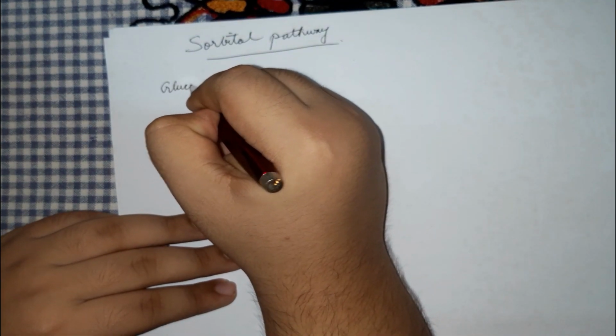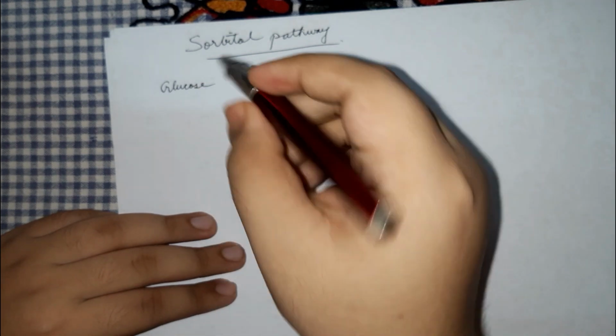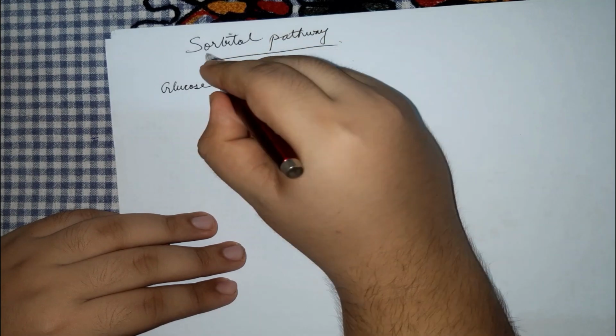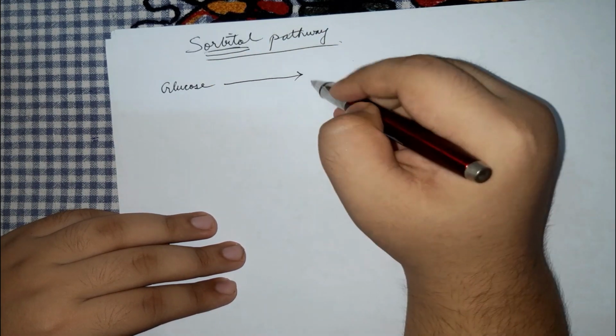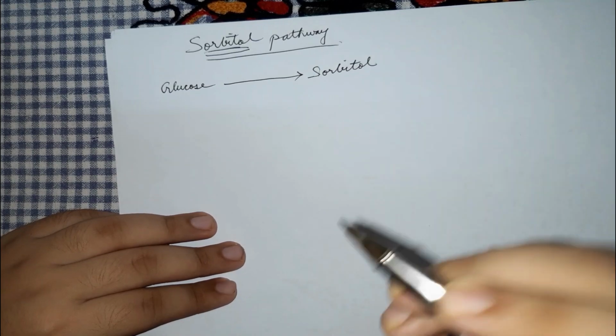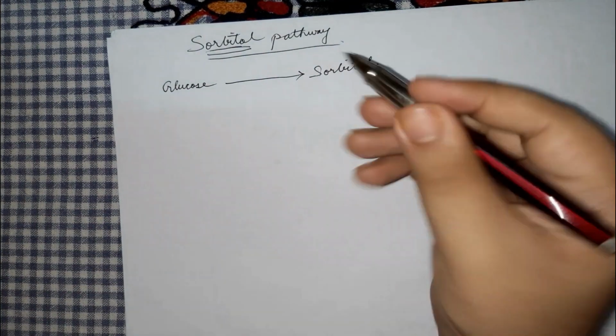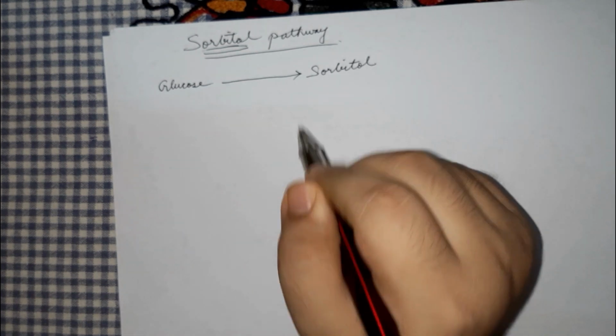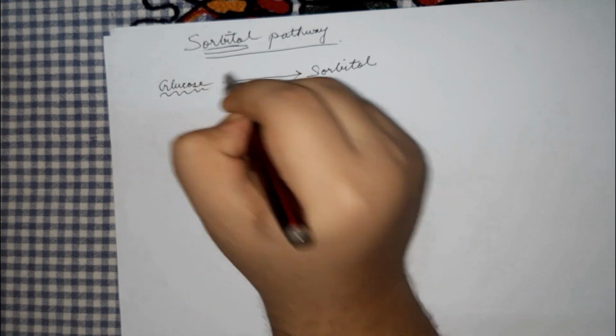Glucose is converted into sorbitol. Now, what I like to think of sorbitol is the alcoholic form of glucose. Glucose is the aldehyde, right?